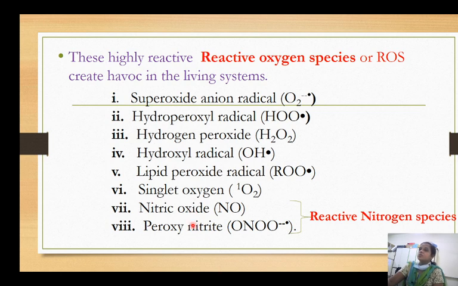Now these two, along with oxygen, they have nitrogen also, so we call it reactive nitrogen species. So these are the dangerous reactive oxygen and reactive nitrogen species that are present in the body that will create havoc in the living system.